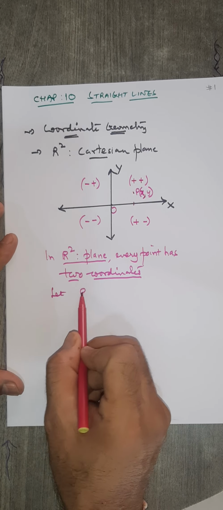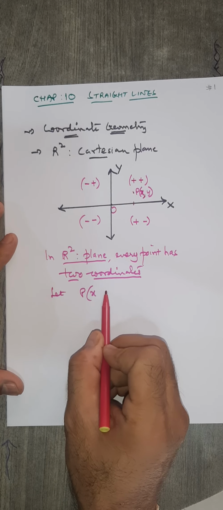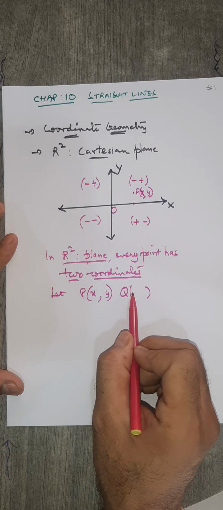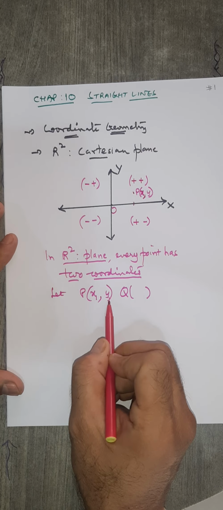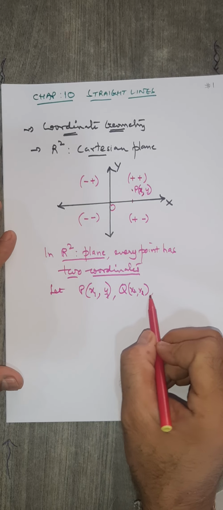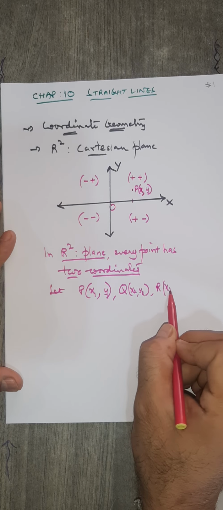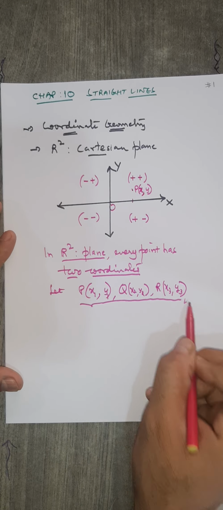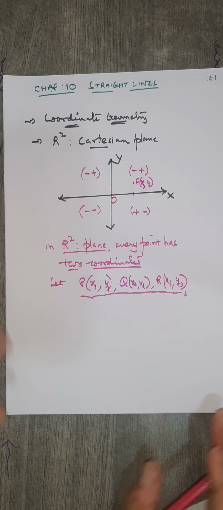If I take one point P, if we call x comma y, suppose I take another point, again it has two coordinates. So in that case, I'll call x1 y1 and x2 y2. If I take one more point here R, then I can take x3 y3. This much we know from 9th and 10th standard. This is about coordinate geometry.